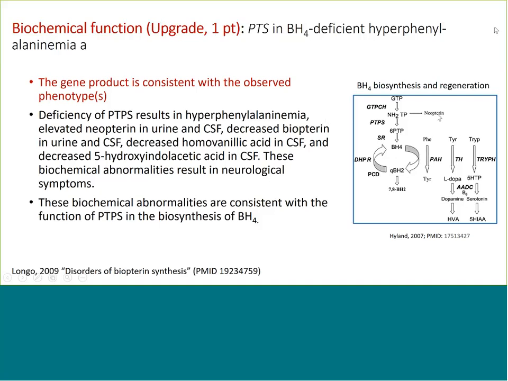You have elevated neopterin because this is the substrate that the enzyme is working on, and then you have deficiency of tetrahydrobiopterin, and then you have deficiency of dopamine and serotonin because you don't have this cofactor for these enzymes, and that's resulting in these neurological symptoms. So all of these biochemical abnormalities are consistent with the function of the PTPS enzyme in the biosynthesis of tetrahydrobiopterin.